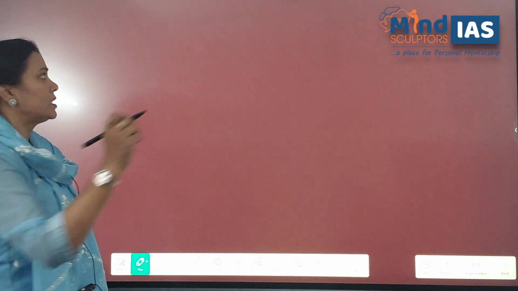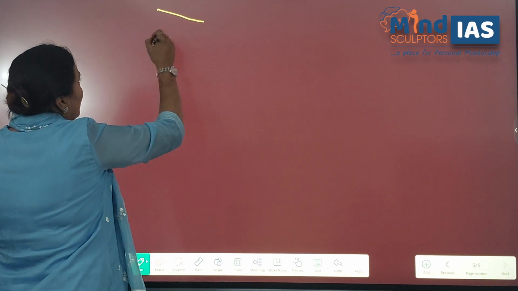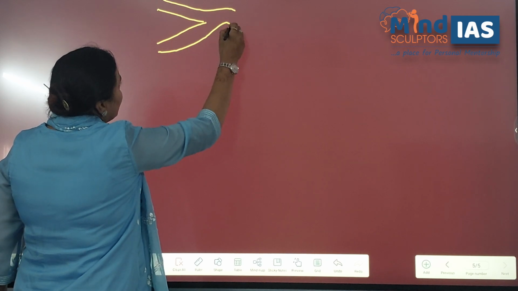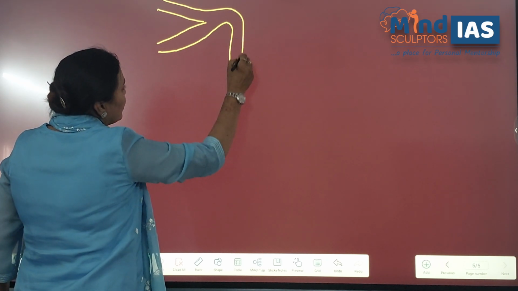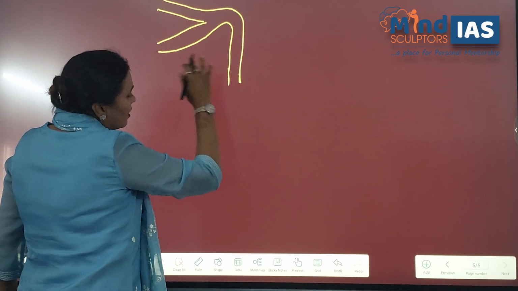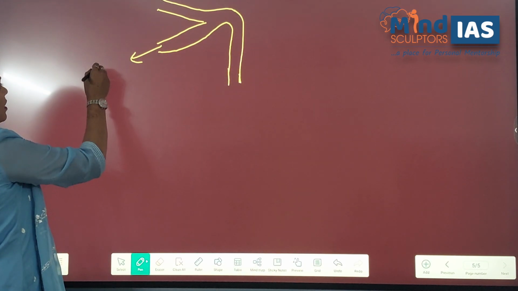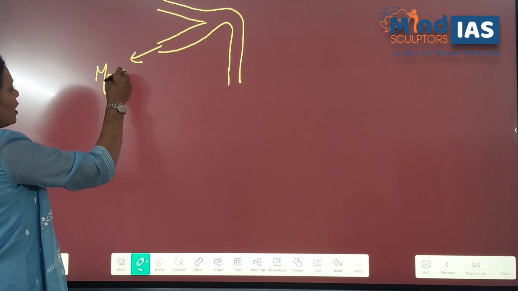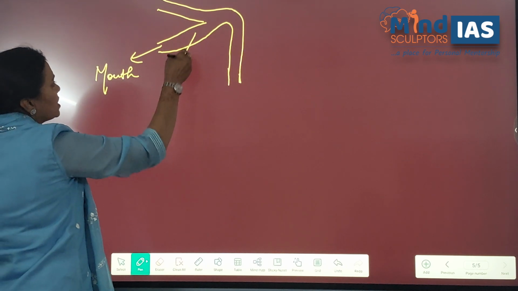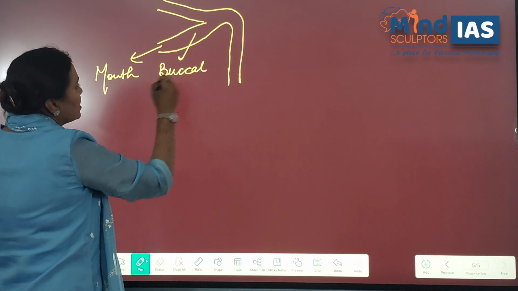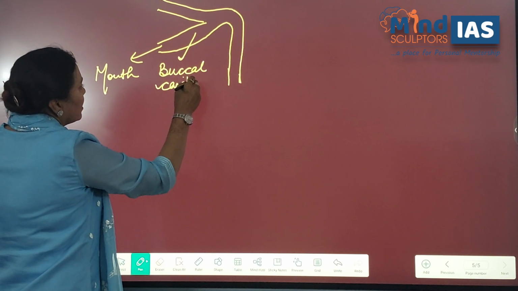The human digestive system starts from the mouth. I am not drawing a very complicated diagram, which is difficult to make or understand, so I am drawing an easy diagram. This lower part we represent as the mouth. The opening is the mouth, and then the buccal cavity.